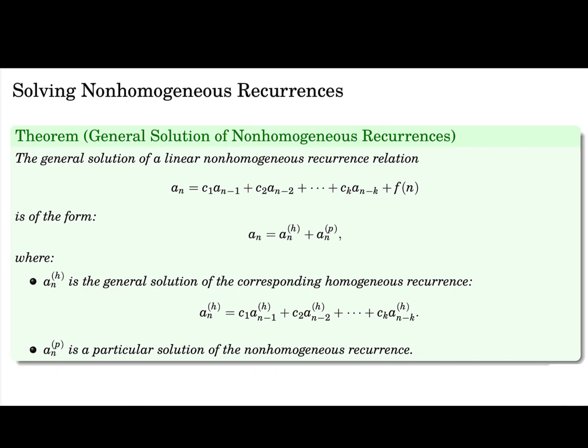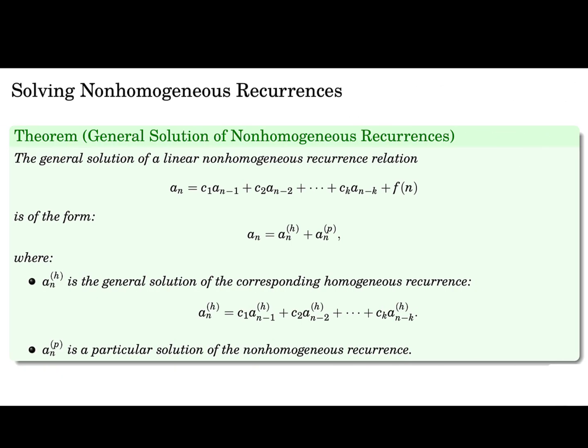Okay, so the general solution. Let's say that this is our linear non-homogeneous recurrence relation. Now the general solution of this is going to be of the following form. It's going to be the solution to the homogeneous. So we saw how you solve the homogeneous case.